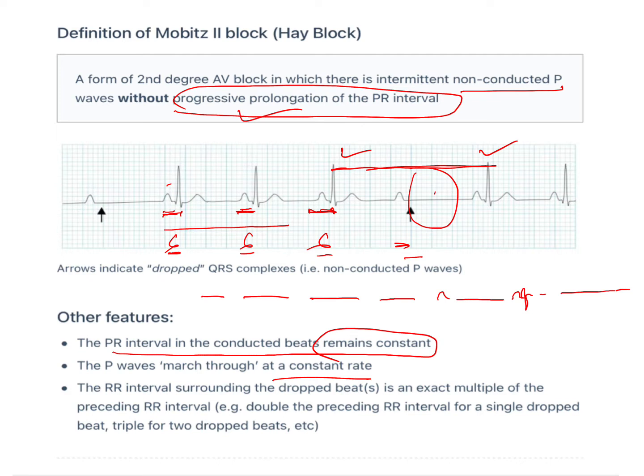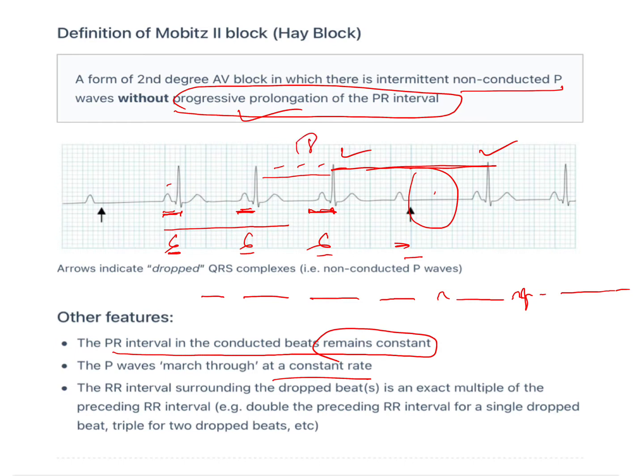It will be almost double the preceding RR interval. If we see the RR interval here, these are almost three large boxes, or if we count the small boxes, there are 15 to 18 small boxes.